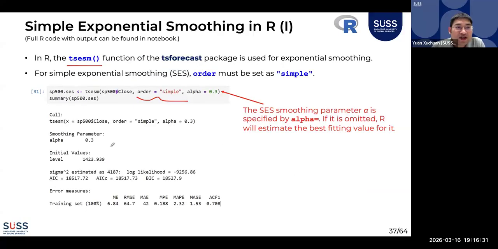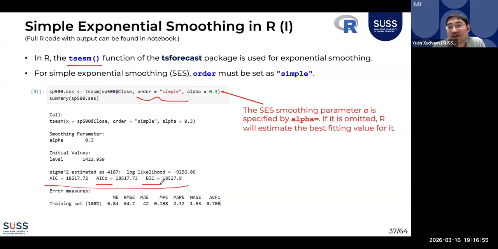And of course, when you fit simple exponential smoothing to the data to do forecasting, you can also look at indicators, for example AIC, the corrected version maybe for small sample data, and BIC criteria.